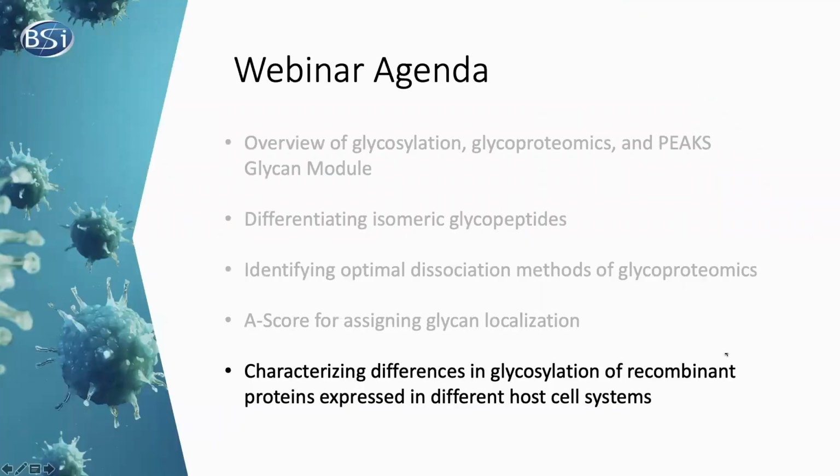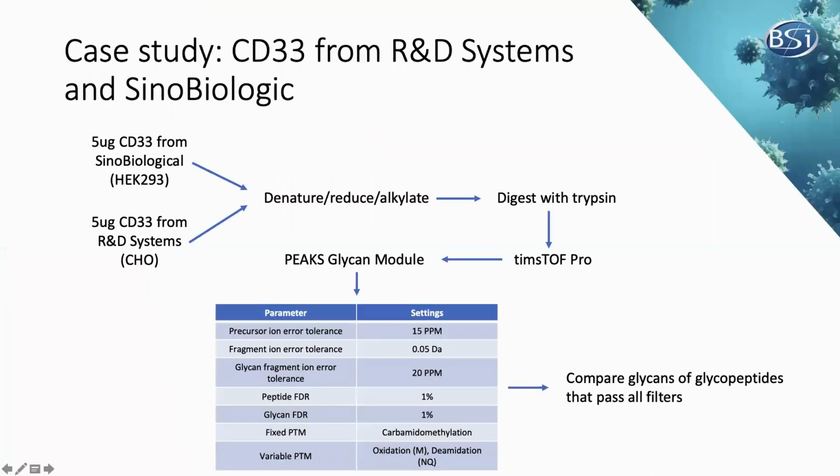Okay, so lastly, I'll show a case study that was performed in our lab where we characterized differences in glycosylation of a recombinant protein expressed in different host cell systems. So this protein CD33 was purchased from R&D Systems and SinoBiologic. The protein prep from SinoBiologic was done in HEK293 cells, and from R&D Systems, they expressed it in CHO.